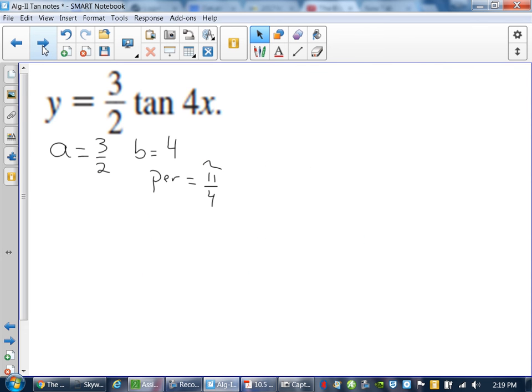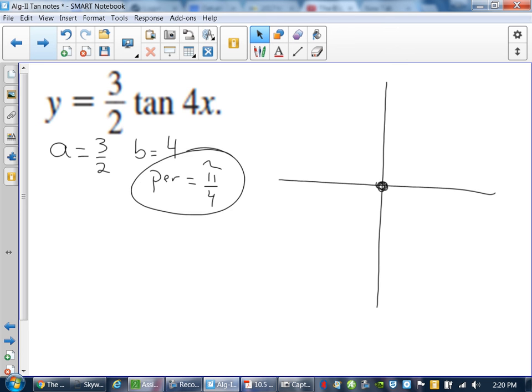All right, so here's what we do. We start this one knowing that our origin is going to be at 0, 0. We also know that our full period between the asymptotes is going to be pi over 4. So I'm going to have one positive and one negative asymptote.